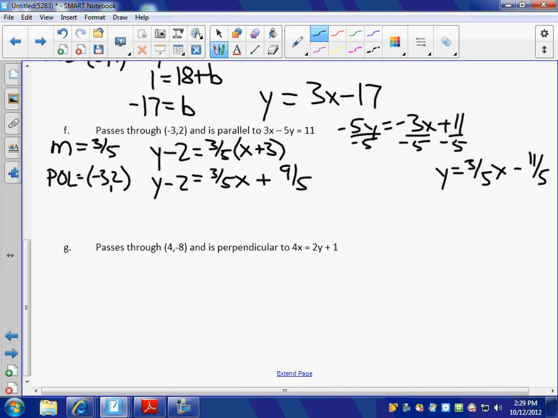Looks like I have to convert this into a fraction. So we say minus 10 over 5. If I add 10/5 to both sides, I get y is equal to 3 over 5x plus 19 over 5. You should always write slope and any number in there generally as an improper fraction, not a mixed number. Any questions on that? Anybody make a mistake that they want to talk about?